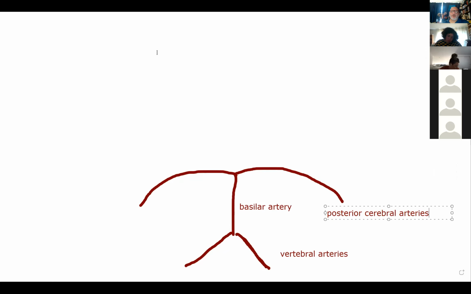But there is a second route that blood can take to come up to the brain. And that is to come up via the two internal carotid arteries.